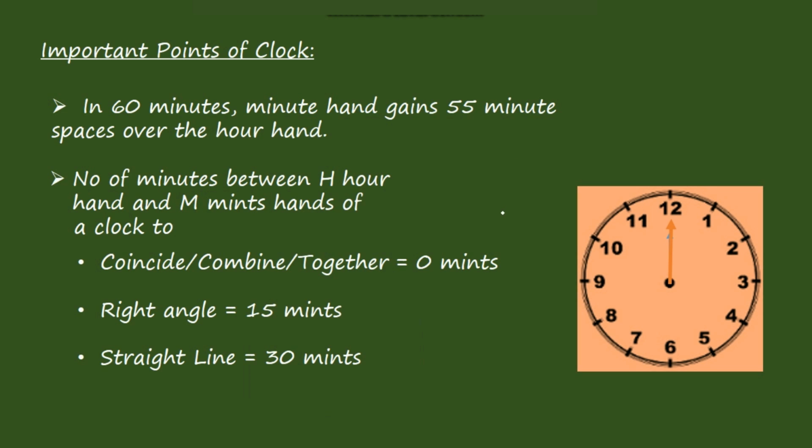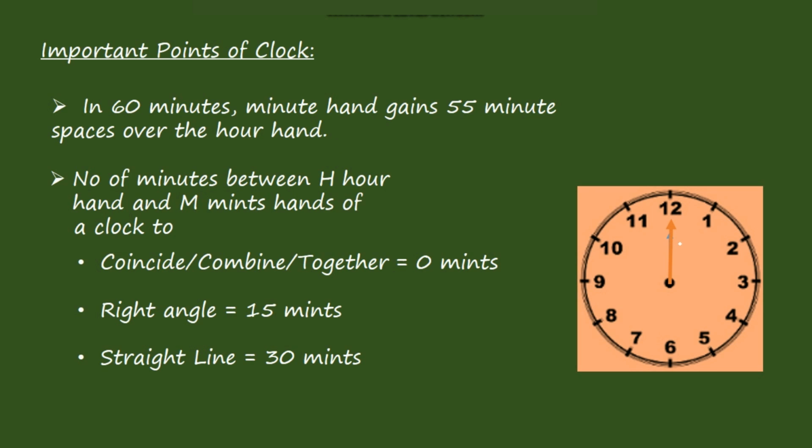Now consider the important points of a clock. When you want to solve a problem without using formulas for straight line, right angle or coinciding, we have to know these two points. I explained them in part 1, but just for a refresher I am saying them again. The first one is, in 60 minutes the minutes hand gains 55 minutes space over the hour hand. How do we get it?